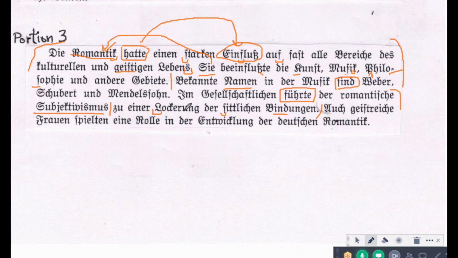Good, good. Going on. Auch geistreiche Frauen, everybody? Auch geistreiche Frauen spielten eine Rolle in der Entwicklung der deutschen Romantik. Spielten eine Rolle in der Entwicklung der deutschen Romantik. Verb is? Spielten. How would you translate that by itself? They played.